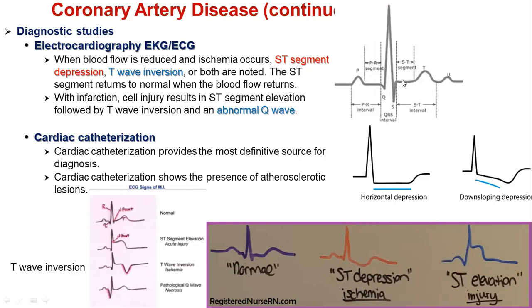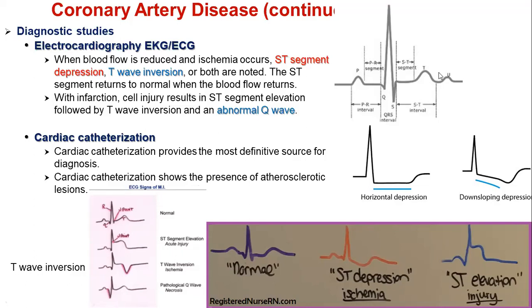But if it is depressed or negative, this is called ST segment depression. So ST segment when negative or not horizontal, it is abnormal.